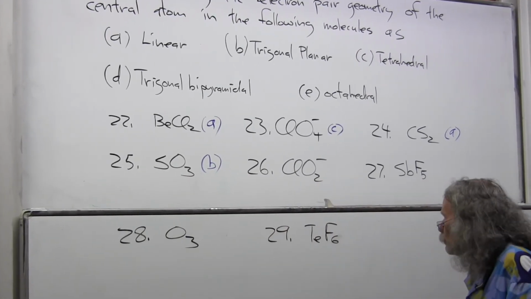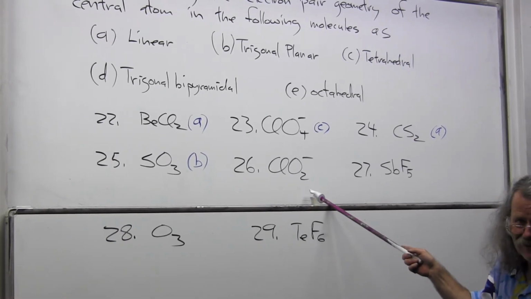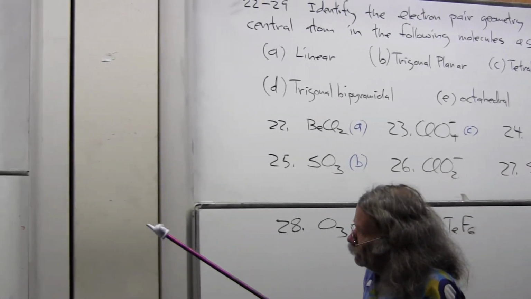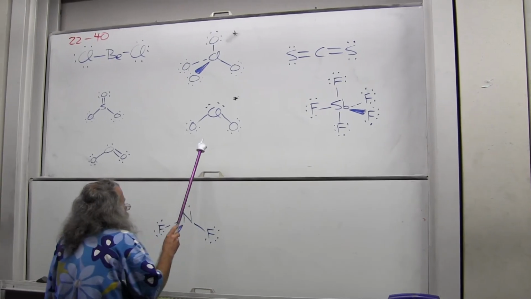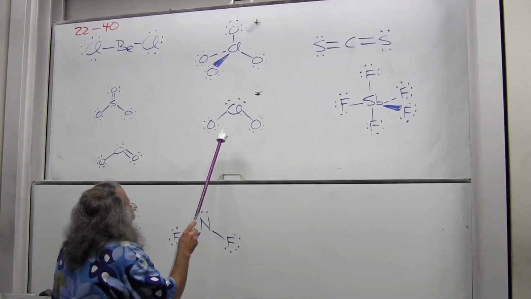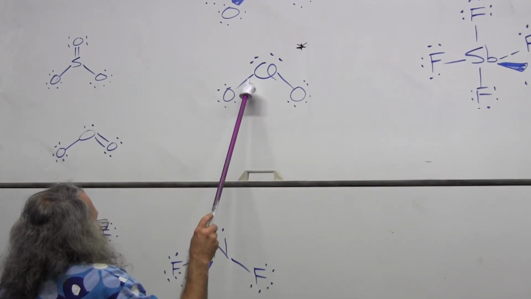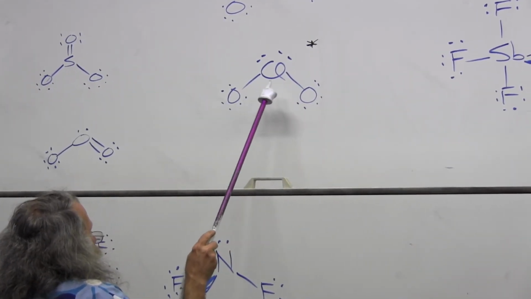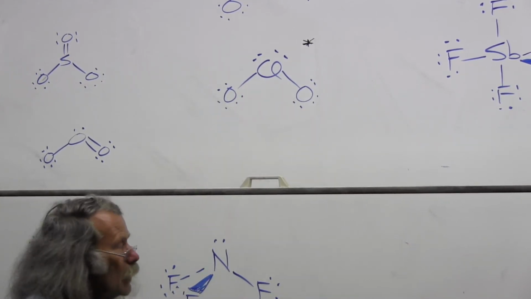And now for number 26, we've got the chlorite ion, which we've done over here. The central atom has 2 single bonds to oxygen, between chlorine and oxygen, and 2 lone pairs on the central atom.